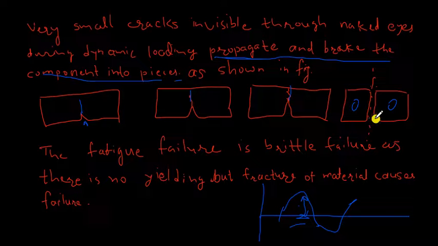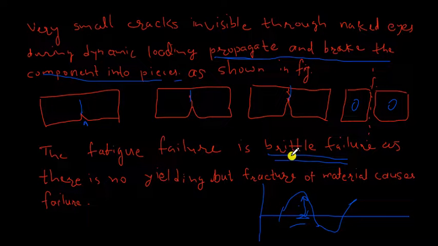Here I am showing just two pieces and just one irregularity. So because of poor surface finish, there will always be cracks present inside the material which we cannot see with naked eyes. Okay, so you can see here there is a fracture which occurs in brittle material.